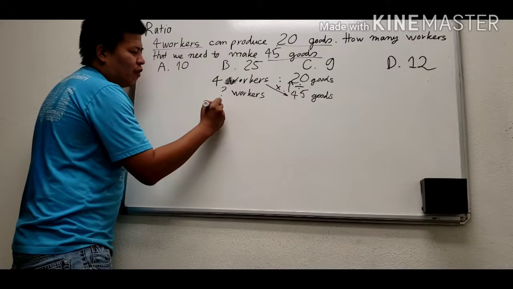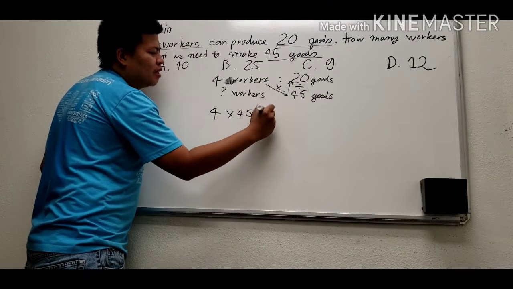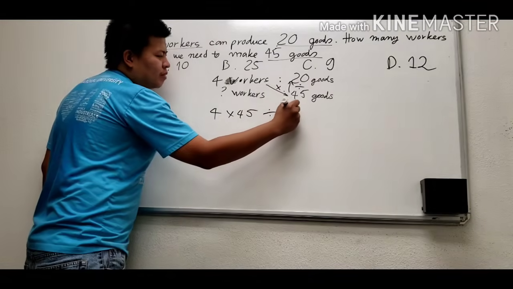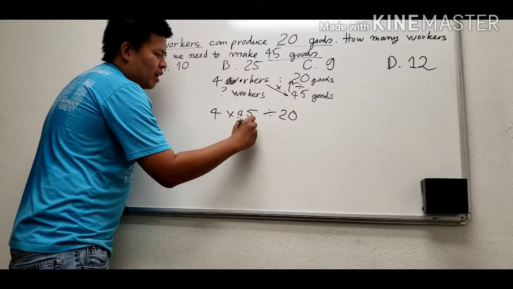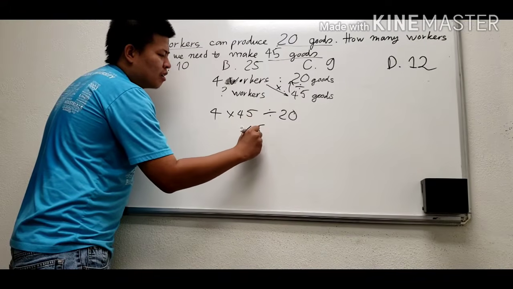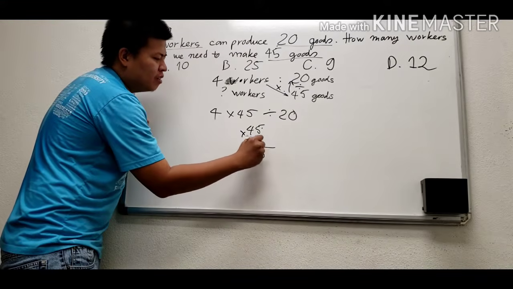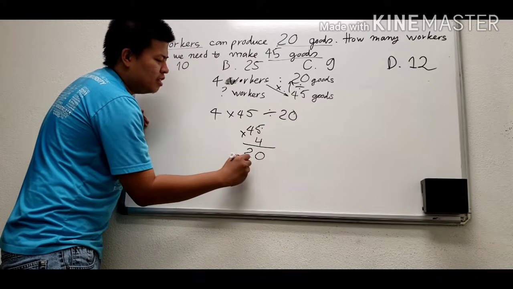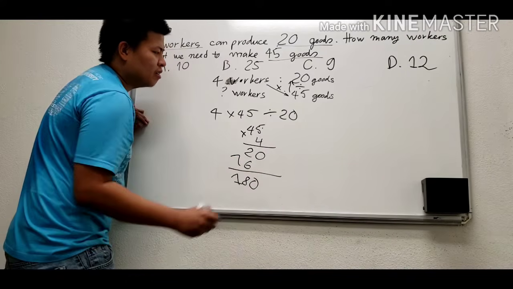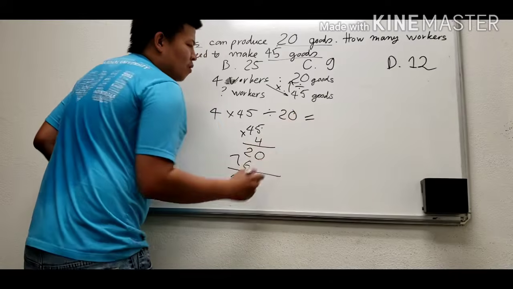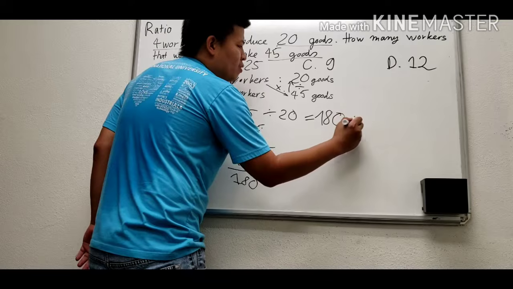So we have 4 multiplied with 45, divided by 20. 4 multiplied with 45: 4 times 5 is 20, 4 times 4 is 16, so that we have 180. We have 180 in here, divided by 20.